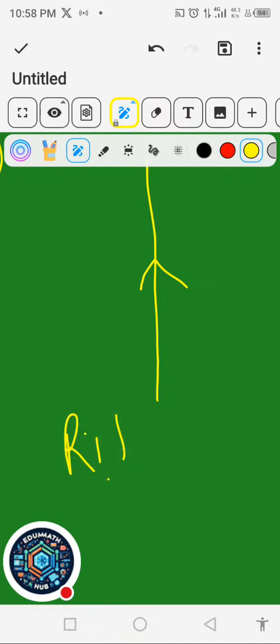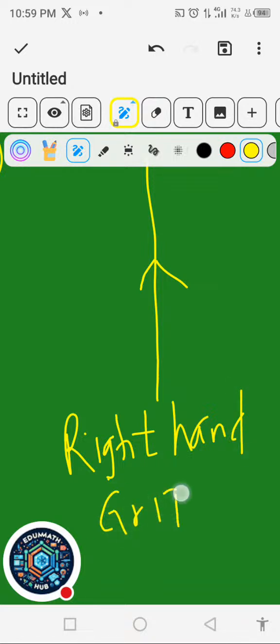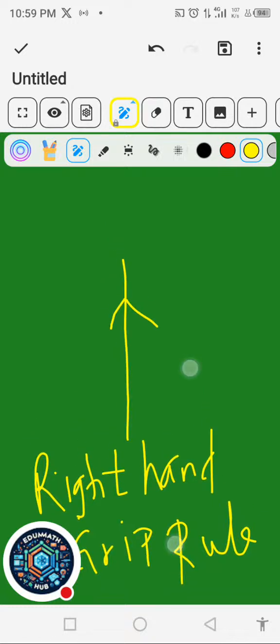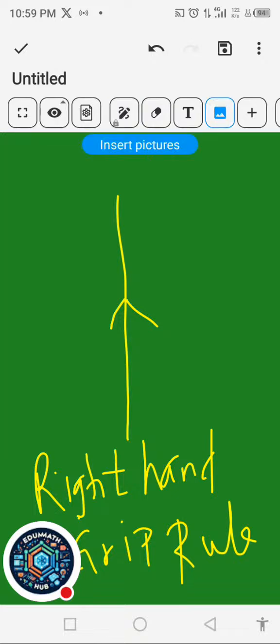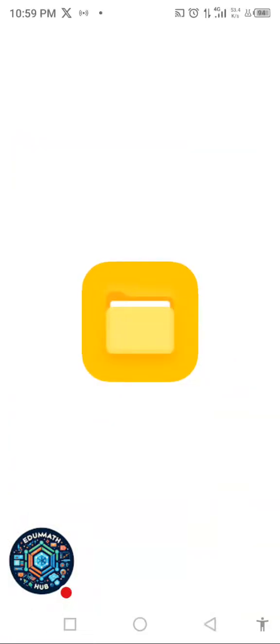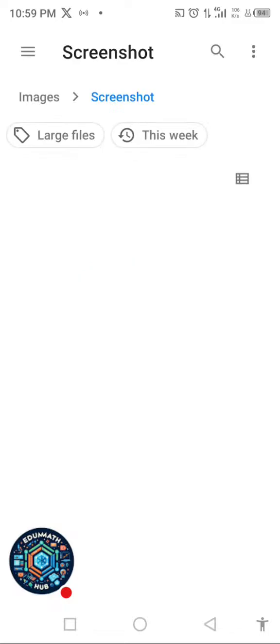Right hand grip rule. That means you will grip the wire, hold it with your hand, and you're going to see the direction. Let me show you a picture that will give you a better idea of what I mean.